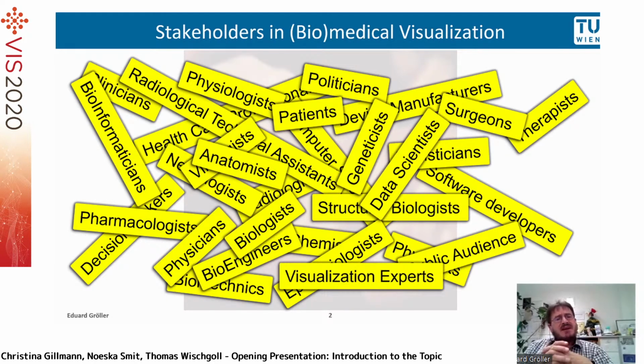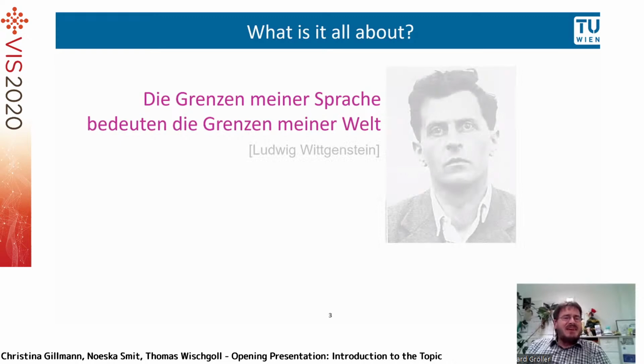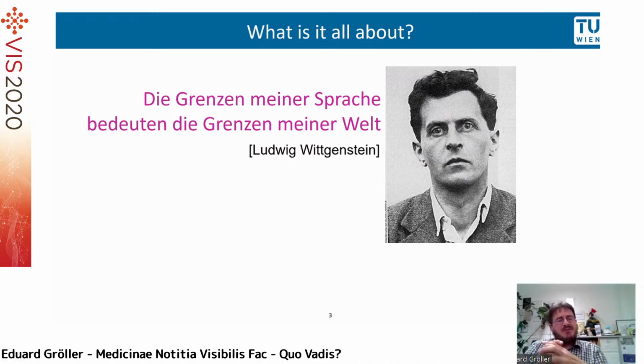And the question is, how do they communicate? And might this be an issue in this area? And actually, there's the Austrian philosopher Ludwig Wittgenstein who said, the limits of my language mean the limits of my world. So what you cannot express in your language, it's very difficult to communicate with others.